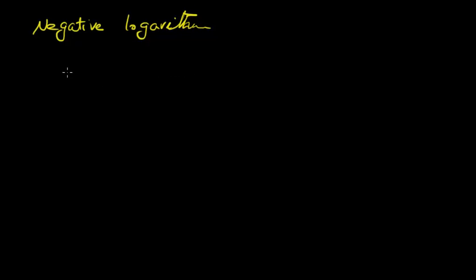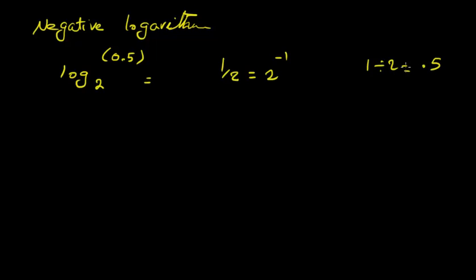For instance, if we are asked to evaluate log 2 of 0.5, we know that a half is 2 to the minus 1, right? So if we divide 1 by 2, we get a half, so log 2 of 0.5 equals minus 1.